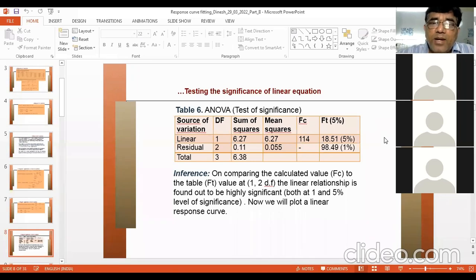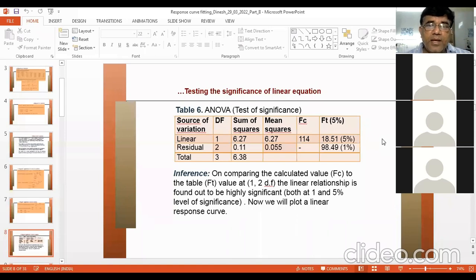If your F calculated is greater than the table value at 5% as well as at 1% level of significance, that means your F test is significant, and your equation is genuinely a linear relationship. It means the data you are given in this example represents a linear relationship, that is all.